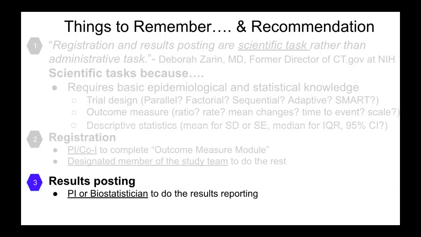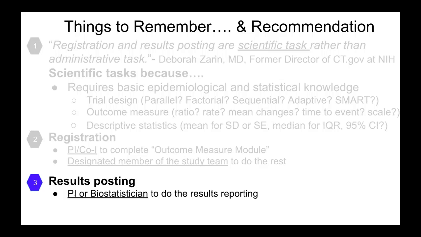For results reporting, the task force highly recommends that the PI and a biostatistician, or whoever is going to do the statistical analysis, do the results reporting. Maybe experienced data specialists can assist in data entry with the help of the PI. But as many of you already know, it can get really complex and time-consuming.